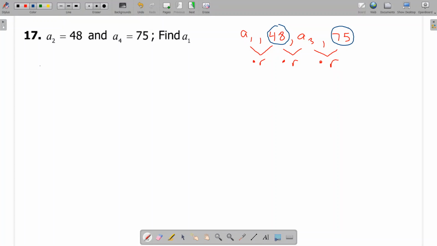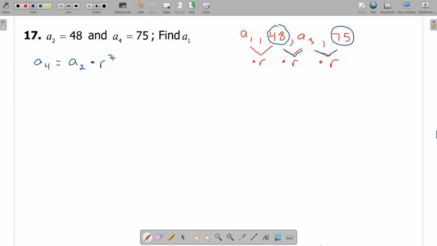If I have the fourth term, that means I took the second term, and how many times would that second term need multiplied by r to get to the fourth term? Well, if we're going from 48 to 75, it would get multiplied by r once and twice. So that means that a2, the second term, should get multiplied by r squared to give us that fourth term.